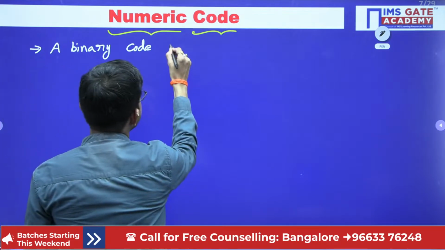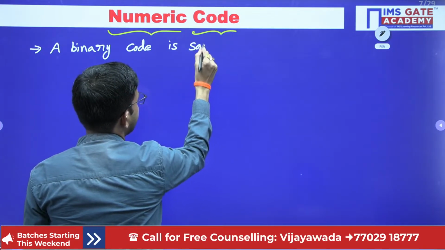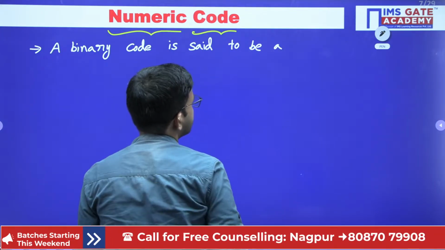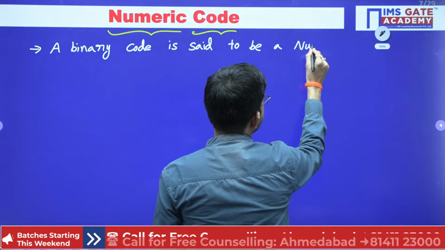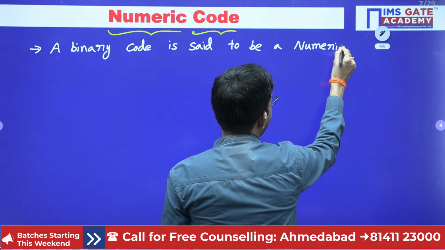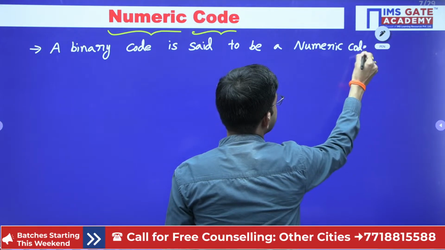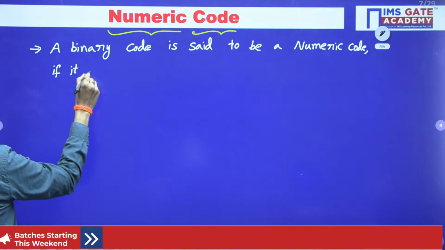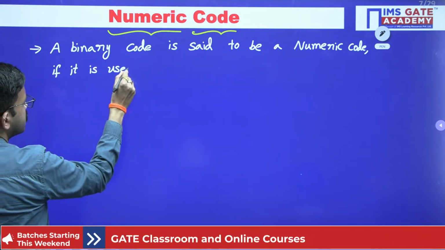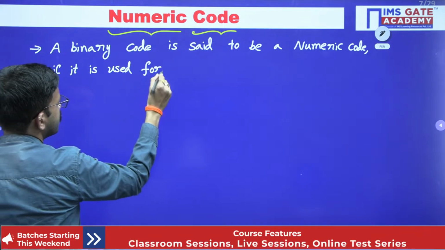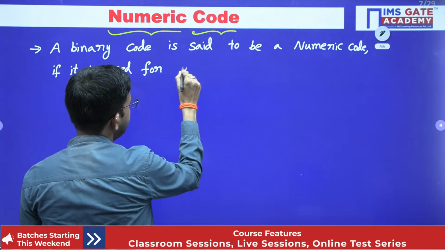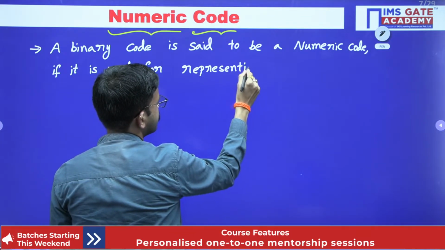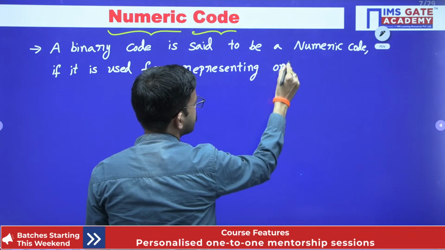A binary code is said to be a numeric code if it is used for representing only numbers.